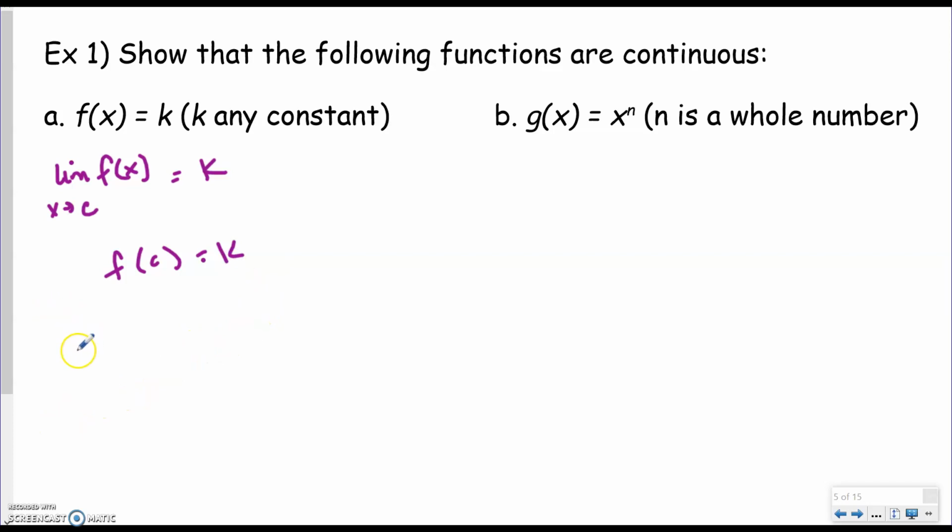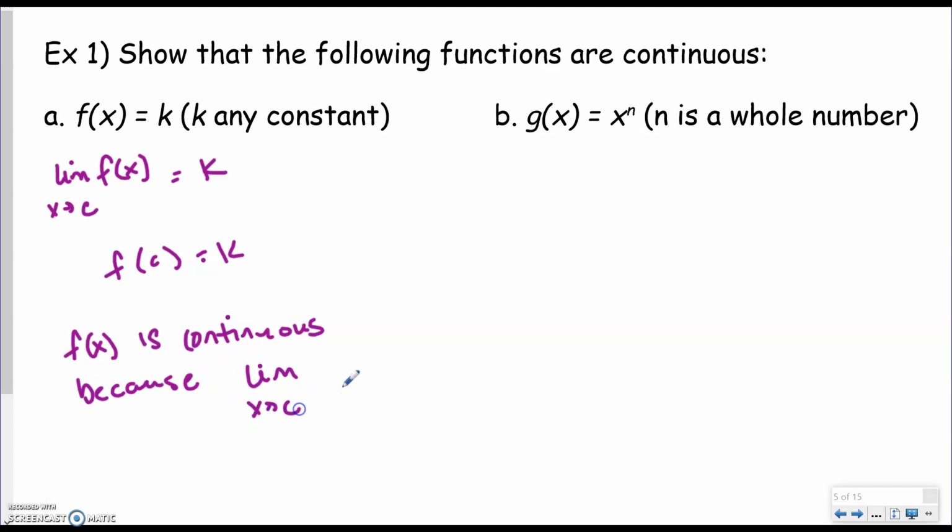So we can say that f of x is continuous because the limit of f of x as x approaches c equals f of c, which is going to be k. Okay, so this is very important to be thorough.